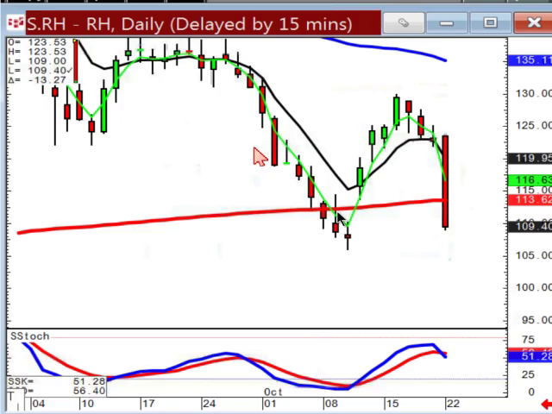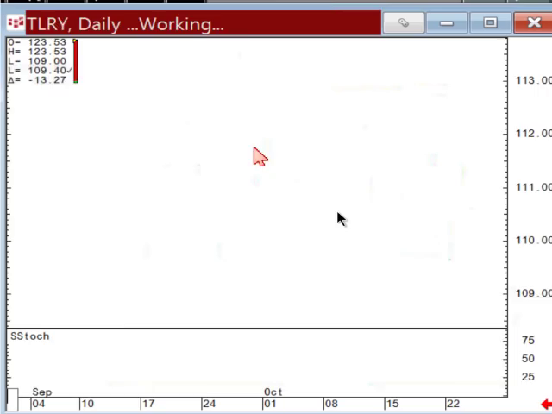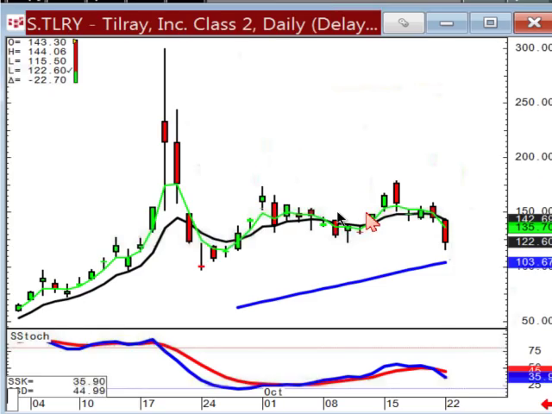Now, this is why you want to see what happens. We had kind of a wedge formation that broke out nicely. But when they close back below the T-line, again, the probabilities when they close below the T-line are extremely strong that you're now in the wrong position.